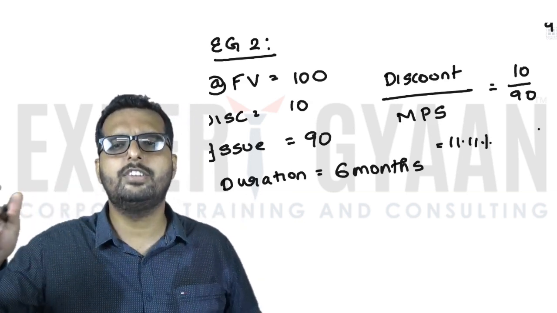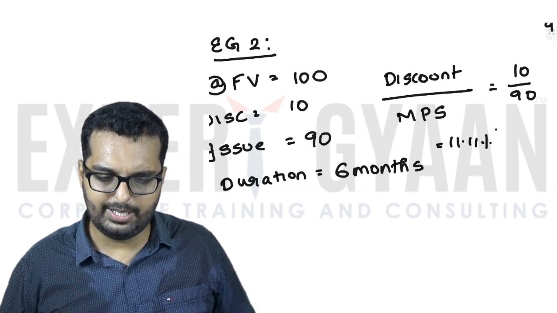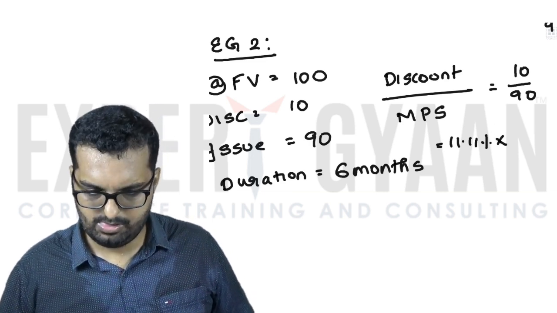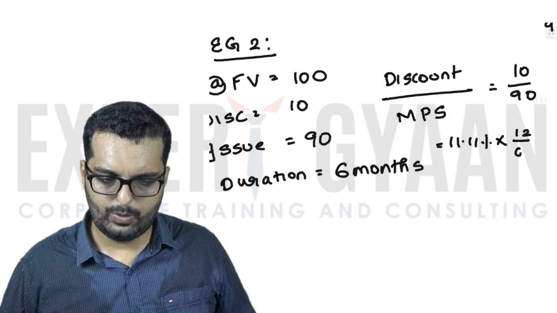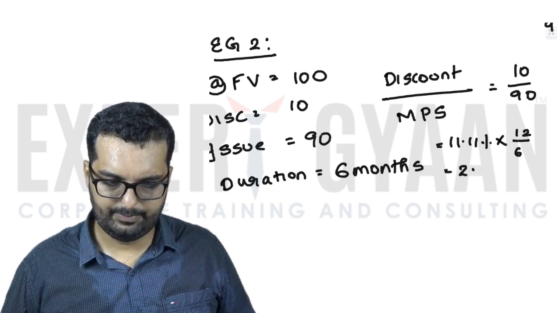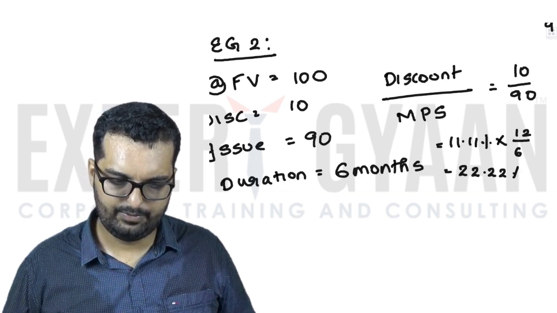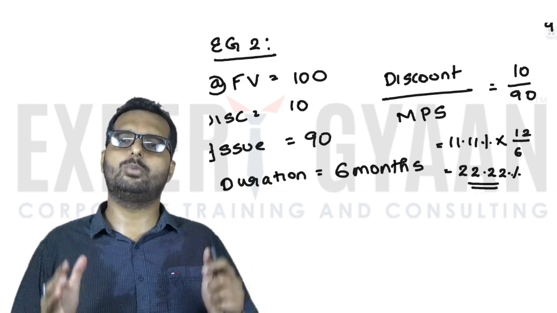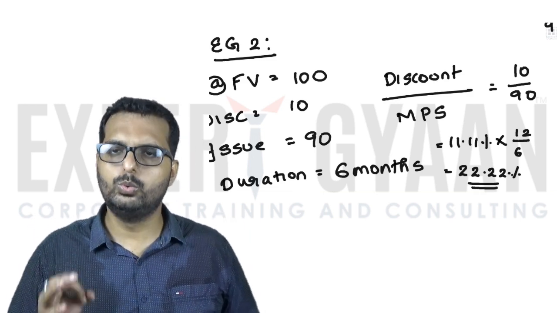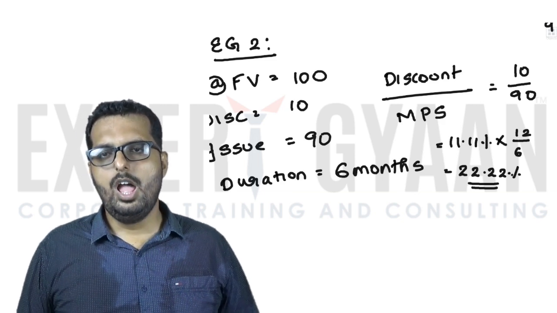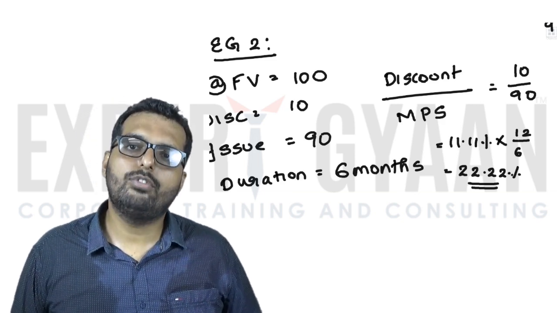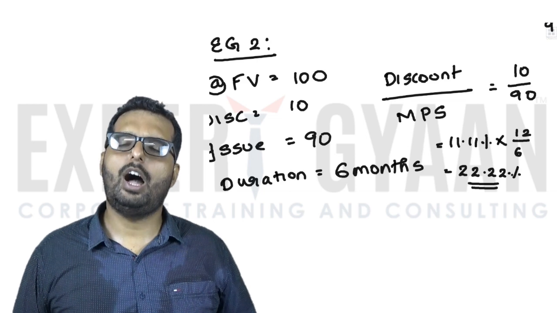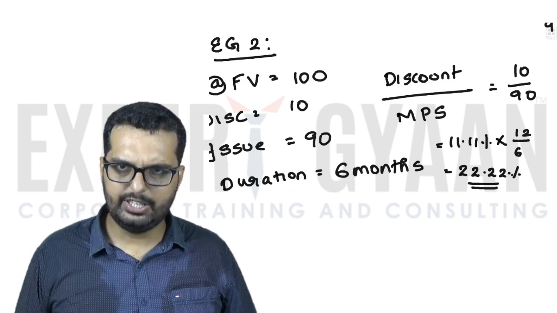So to convert this into 1 year, I will multiply this by 12 divided by 6. I will get the answer as 22.22%. So this is again an example of bond equivalent yield. I hope you are clear with bond equivalent yield.